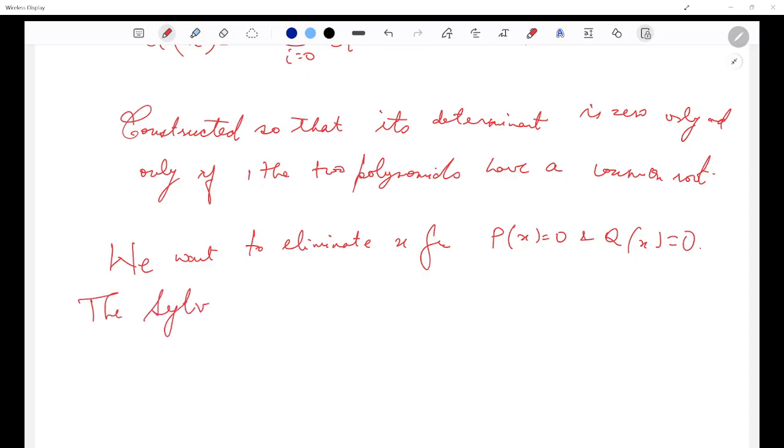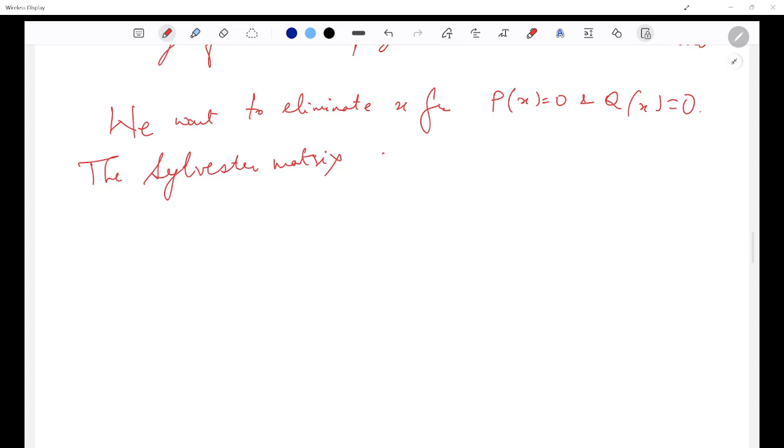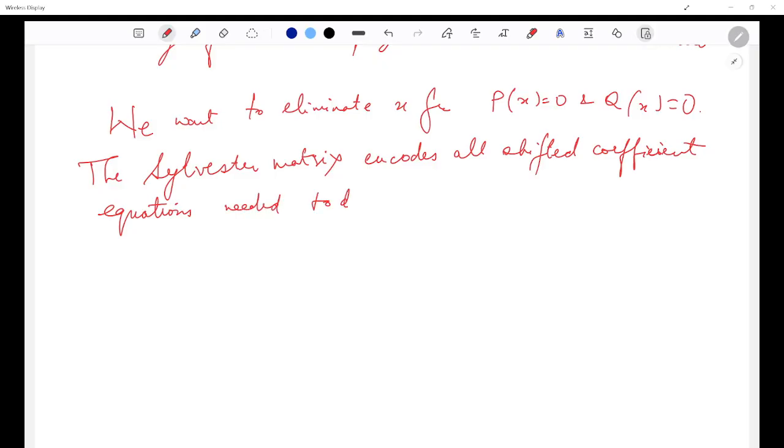What does this matrix contain? The Sylvester matrix encodes all the shifted coefficient equations needed to do that.